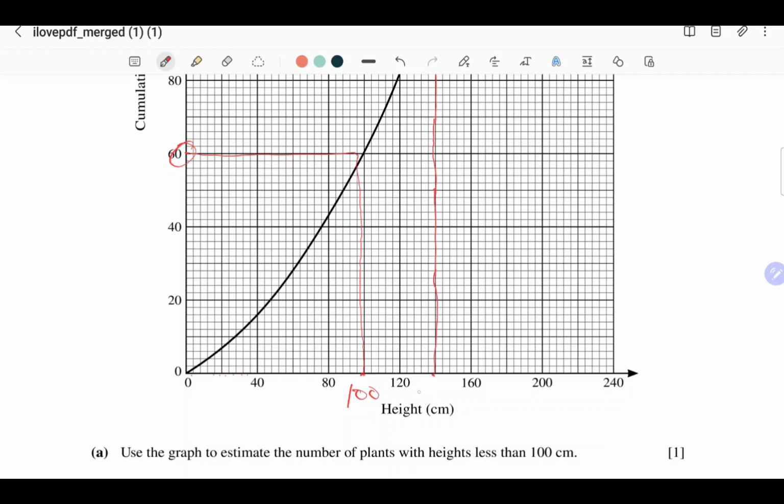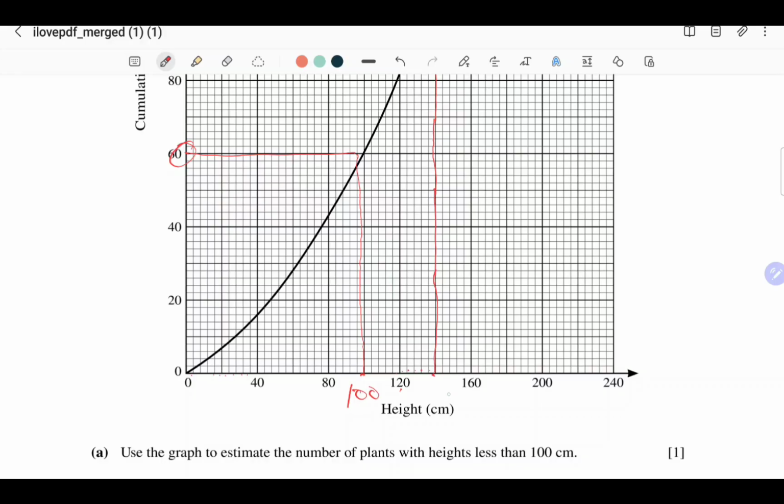Okay, here, so it's 120, and how much? 1 2 3 4 5. Yes guys, so this is 120 and this is 160. So here, how much gap? Yeah, it's a 40 gap, right?